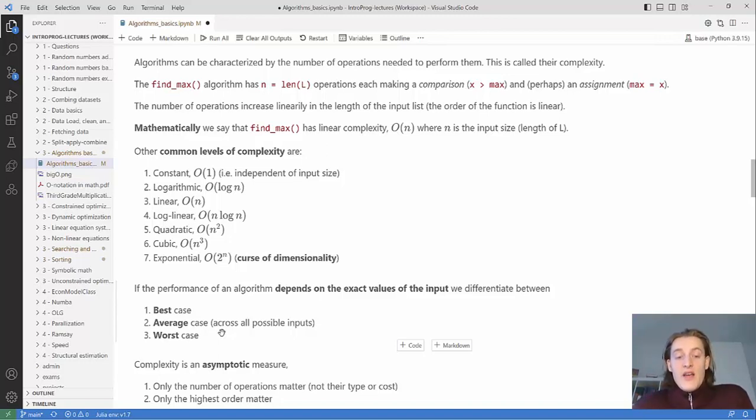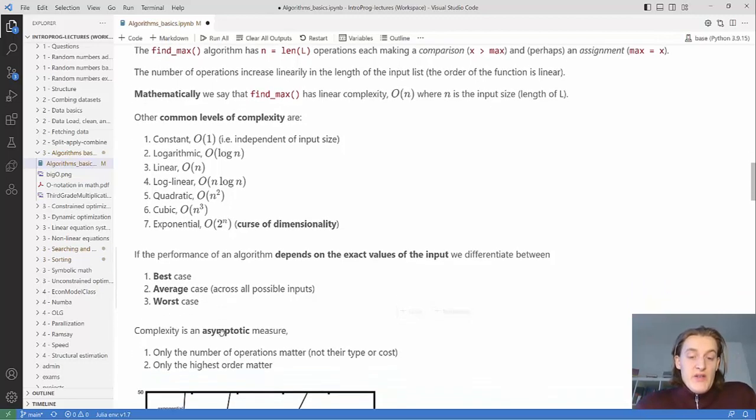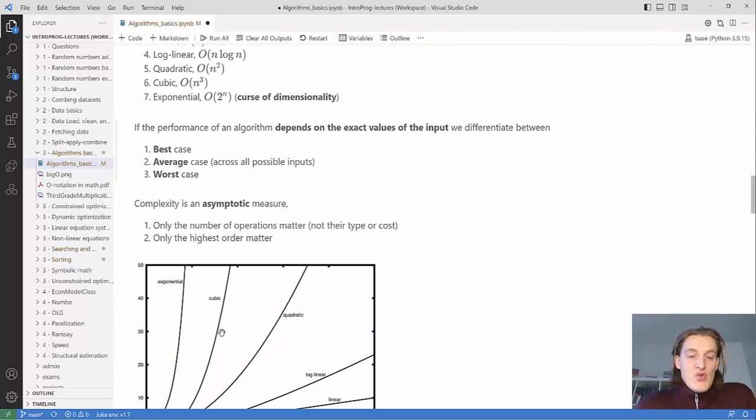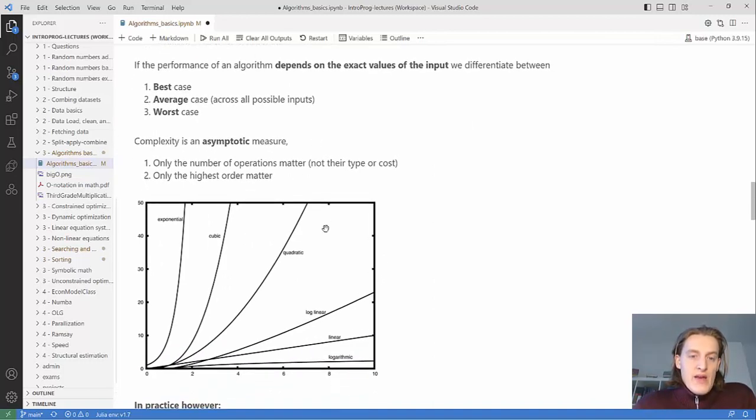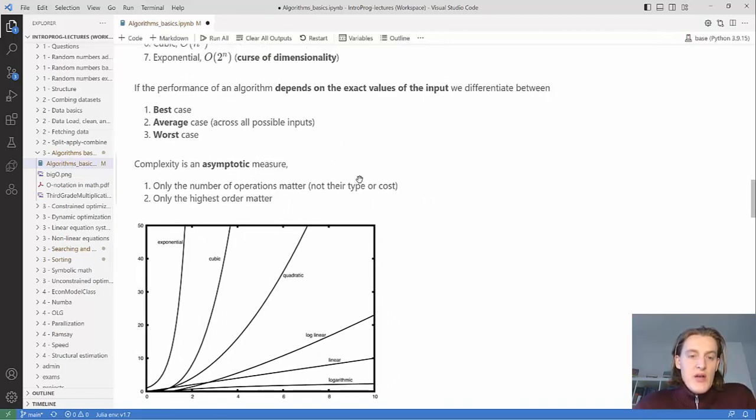Then you have the average case and the worst case, and these are a bit abstract, and you can sometimes see people give the same algorithm different complexity measures, so you shouldn't get too hung up on the exact complexity measure. And as you said, only the number of operations matters, not that type of cost.